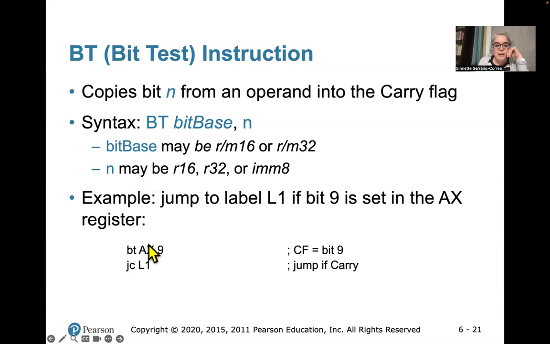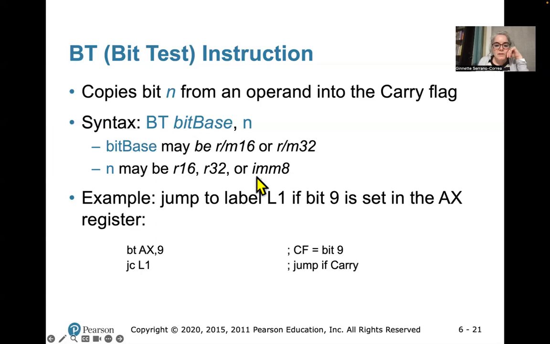And then N, this number can be a constant, just like here. We call it an immediate number constant, like a 9. It can also be a register. It cannot be a variable.